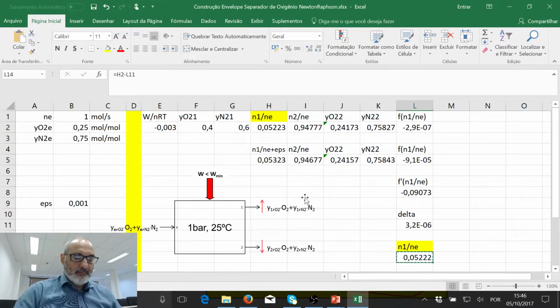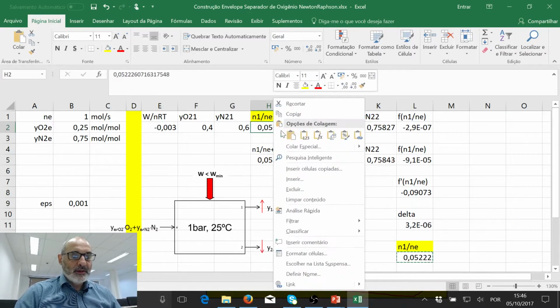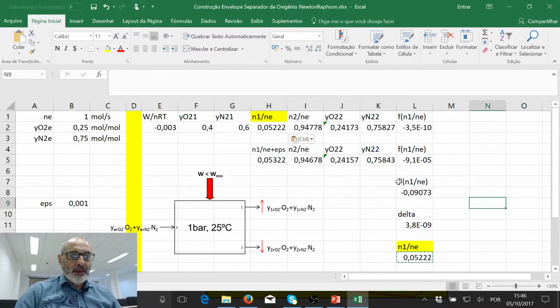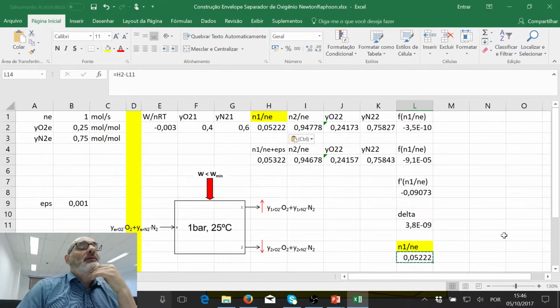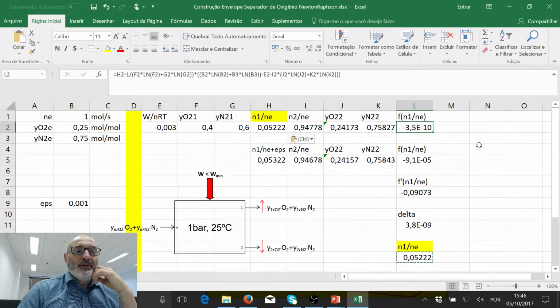Copy, paste number, and now it's the same. You see, two iterations already give me the solution near to 0 here. So it's a very simple method to apply, very simple method.